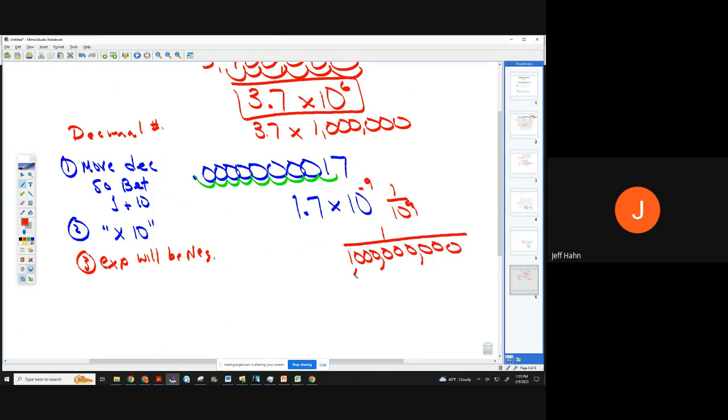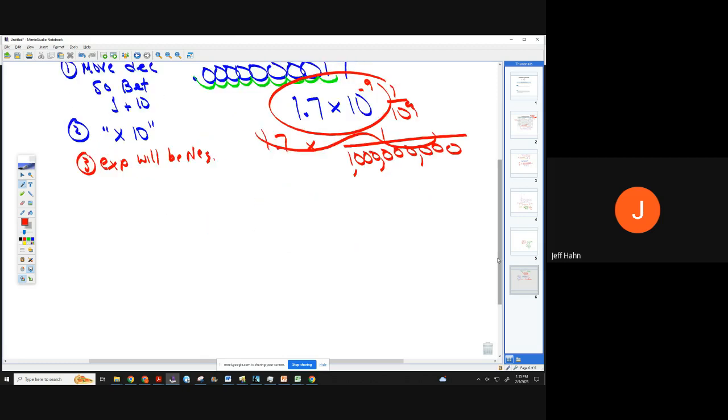If you take 1.7 and multiply it by 1 billionth, you will end up with this same number I started with. So we need negative exponents because that tells you that this is actually a fraction of what it is there. But you don't really need to know this. You just need to know that if it's a decimal number, it's going to be a negative exponent. Congratulations, you are now well schooled in the world of mathematics.